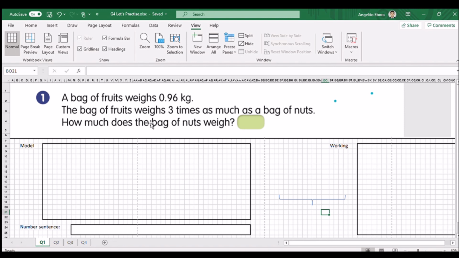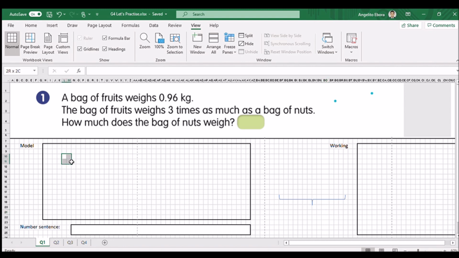Okay, so we have two kinds of bags here, bags of fruits and bags of nuts. It says that the bag of fruits weighs 0.96. It weighs 3 times.